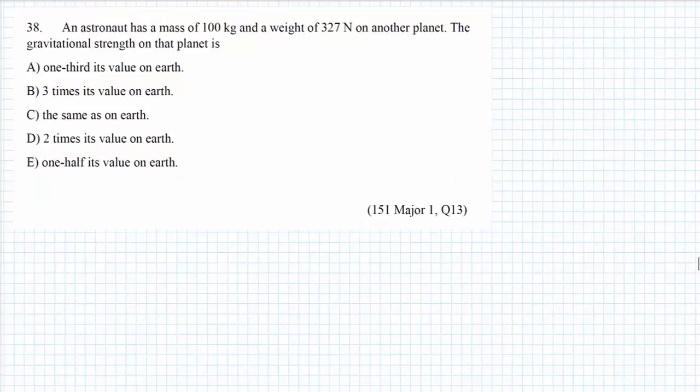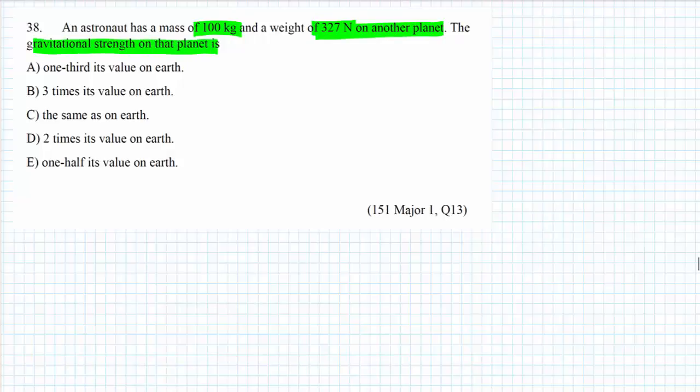An astronaut has a mass of 100 kilograms. His weight is 327 on another planet. So he gives us the mass and he gives us his weight, but on a different planet. The gravitational strength on that planet is what? We know that the weight is mass times gravity. On the earth, this is the gravity of the earth.